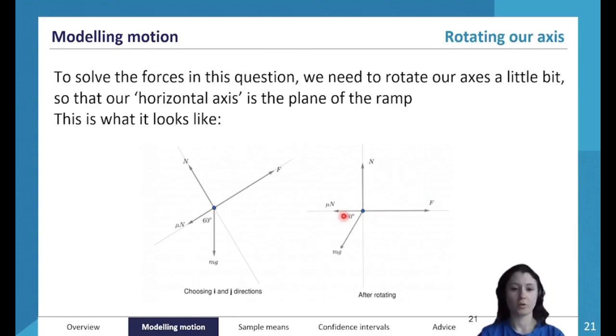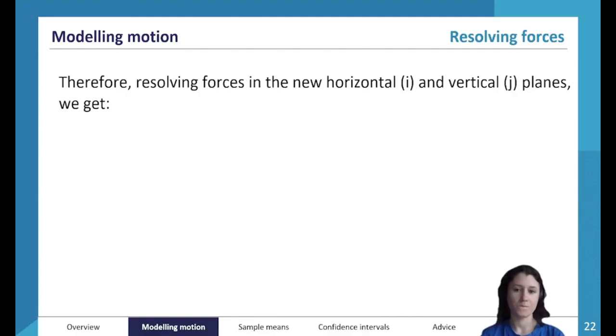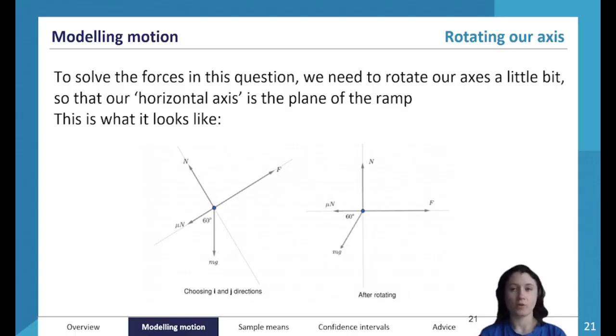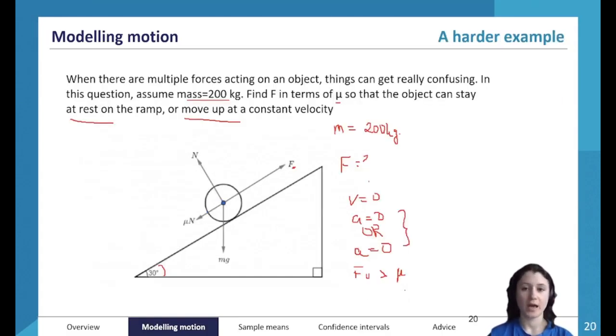Because now only one of our lines is not on an axis. Which makes things a lot easier. So, let's continue on and solve this question. So what I'd like you guys to do is pause the recording, have a go at it yourself first, even if you're not super confident, just have a little bit of a go at it, and then you can watch me go through the solution.